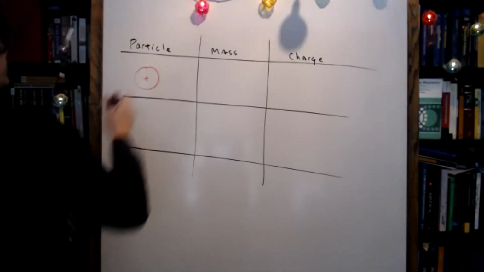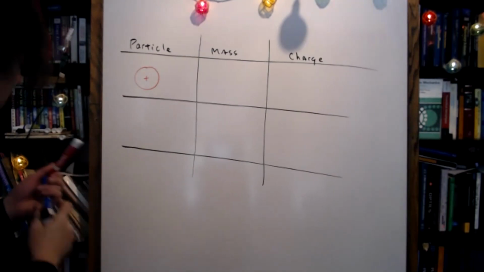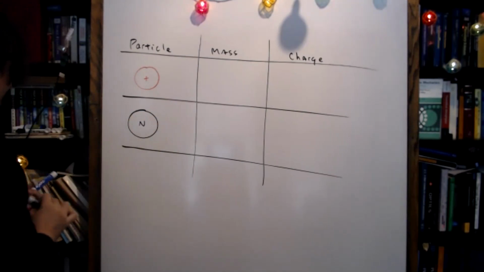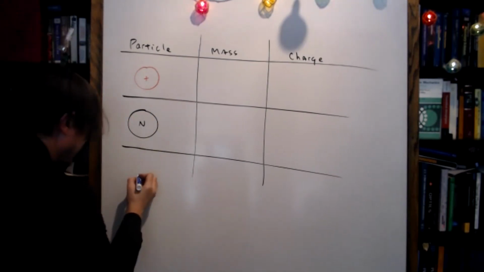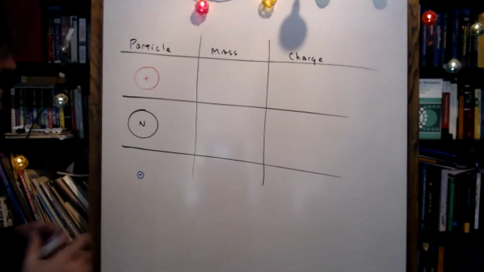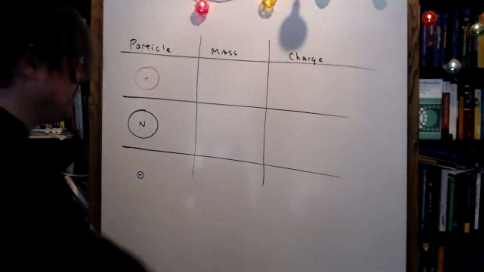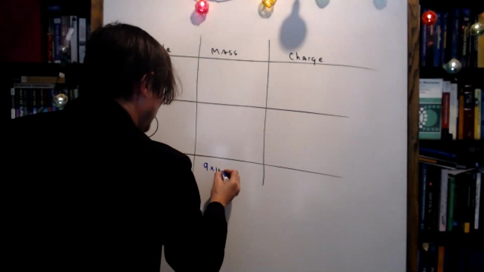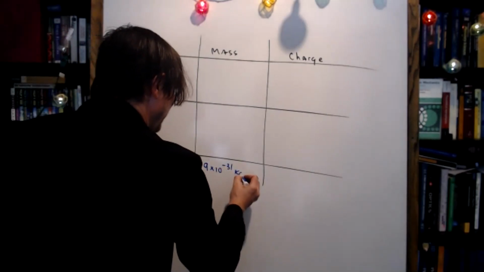So here's a proton. I want you to watch how I draw this. A proton's a big fat particle. A neutron is also a big fat particle. But when I draw my electron, I'm going to draw it as a little tiny particle. Now, the mass of electrons is quite small. The mass of an electron is 9 times 10 to the negative 31 kilograms.